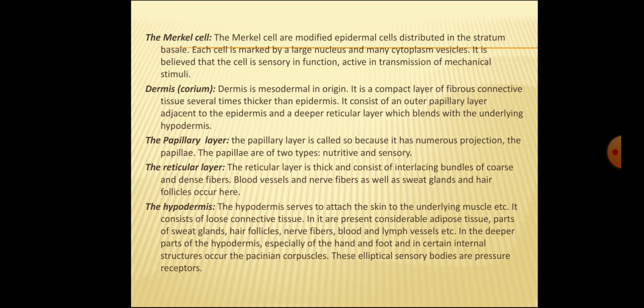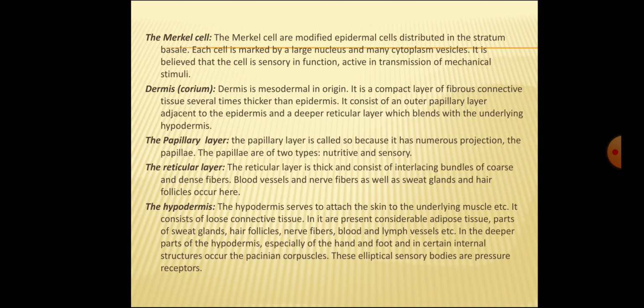These sensory bodies appear as lamelliform stacks of connective tissue cells surrounded by a capsule and containing two or more nerve endings. Meissner's corpuscles occur in non-hairy parts of the skin, that is, in the fingertips and palms.